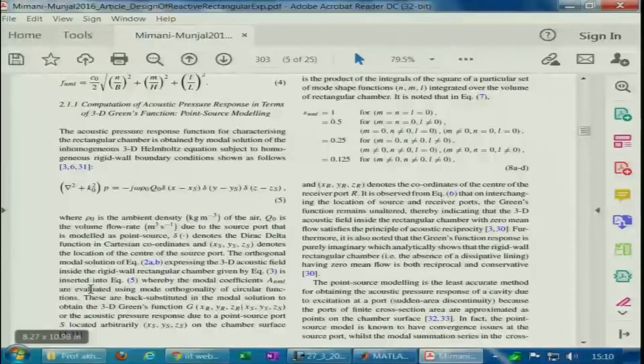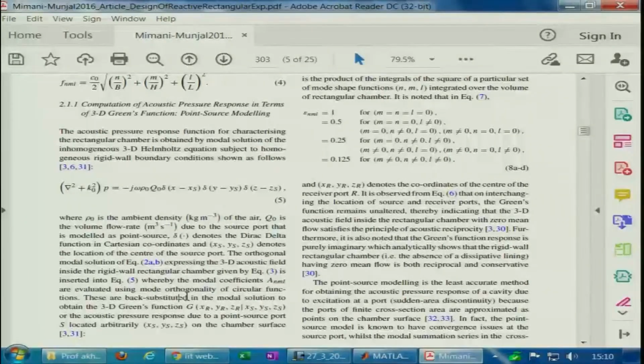The modal coefficients are evaluated using mode orthogonality of circular functions, and back substituted to obtain the Green's function representation for arbitrary location of ports. So, instead of x naught, y naught, z naught, we have x s, y s, z s. We are basically doing the same thing.